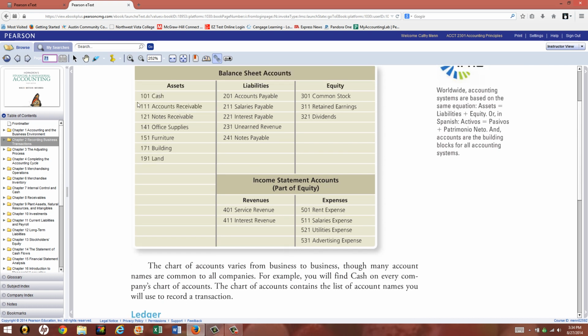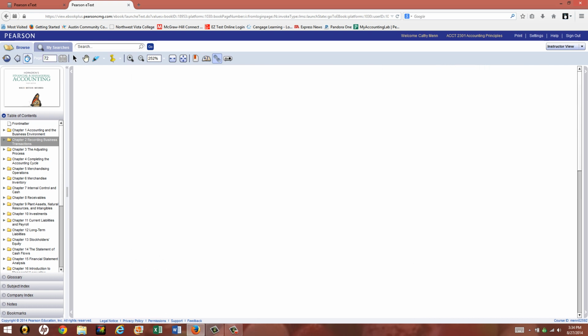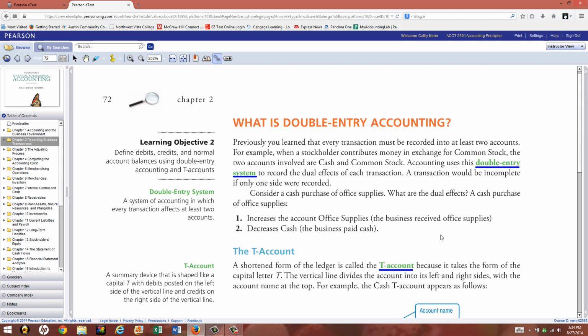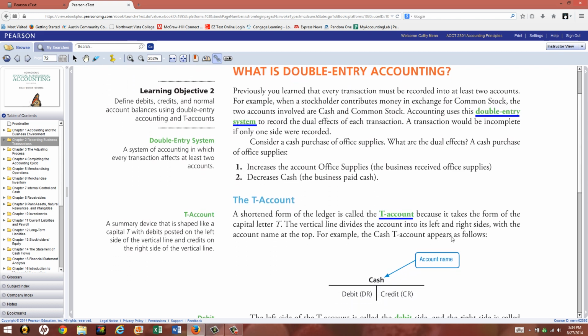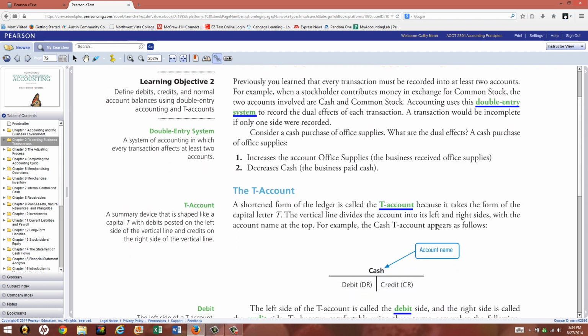Okay, I want to go over to the next page, page 72, and talk about something called a T account. There's a formal account, but in lots of instances, accountants will sit down and use T accounts to help them determine how a journal entry should be written.